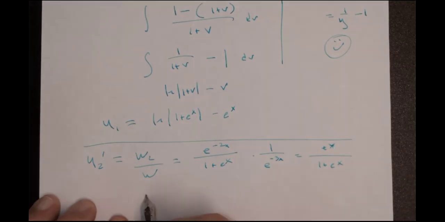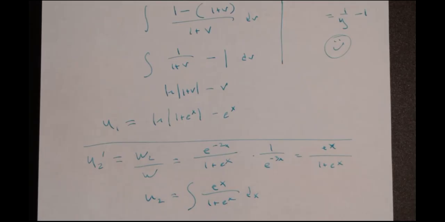Wait a minute. That means U2 is the integral of e to the x over 1 plus e to the x dx. The derivative of 1 plus e to the x is e to the x. Oh, goody. This is a direct U sub. So v equals 1 plus e to the x, dv equals e to the x dx.